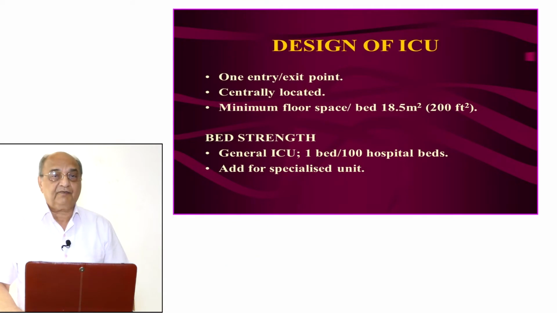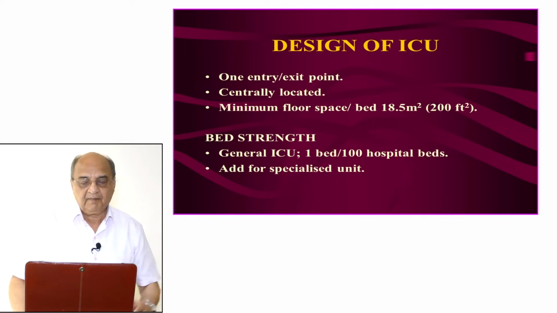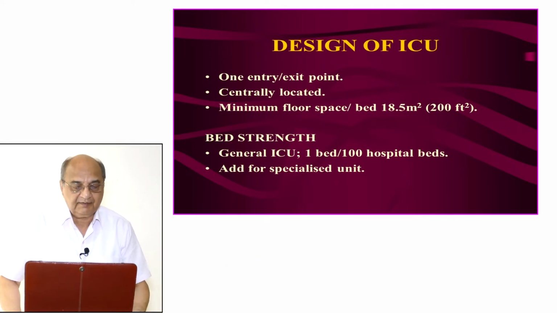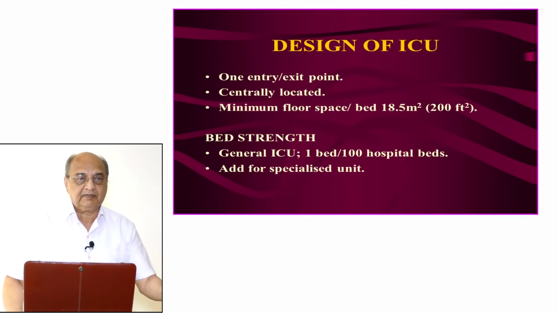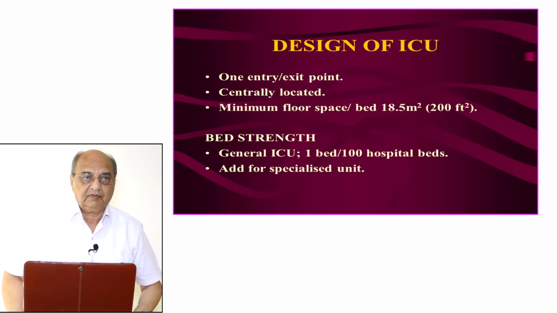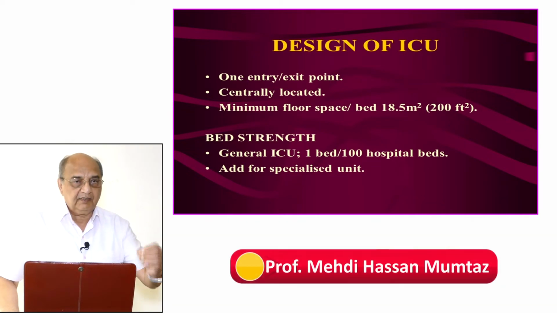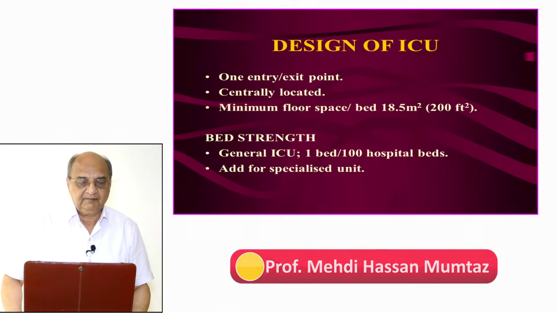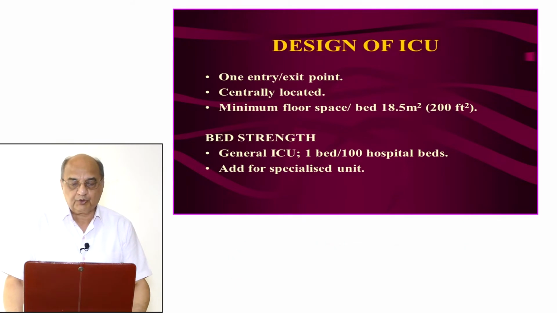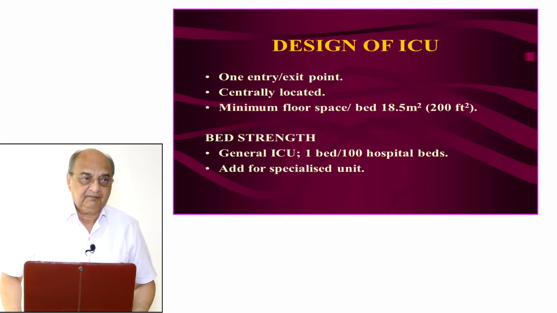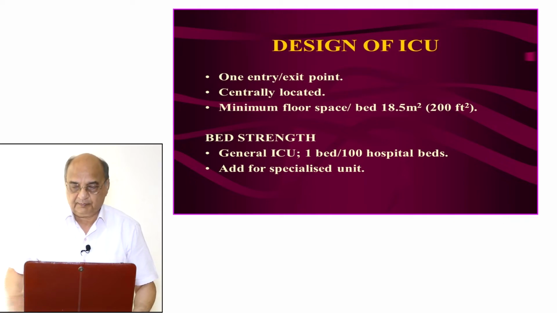Now, the design of the ICU, which I mentioned in much detail last time: there should be one entry and one exit to the ICU. Everybody should not be entering from different routes. It should be centrally located in the hospital. The minimum floor space should be about 200 square feet, because there is a lot of equipment around, ventilators and other things, and it should be mobile.